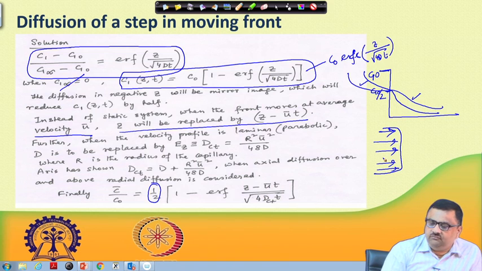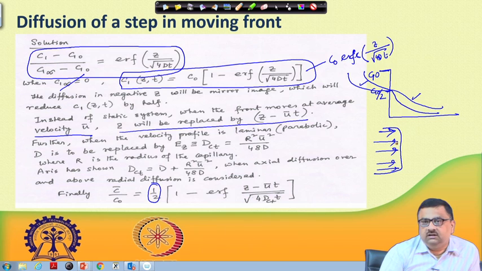We could have considered u bar as the exact velocity, and the diffusion taking place would be just the diffusivity.